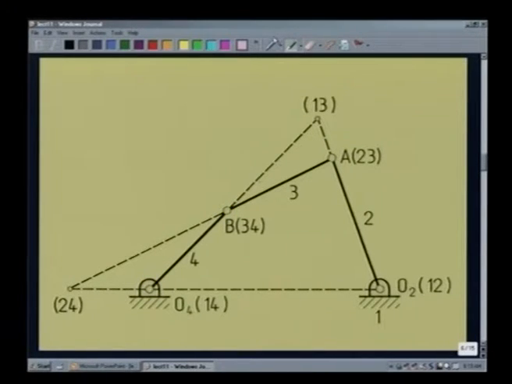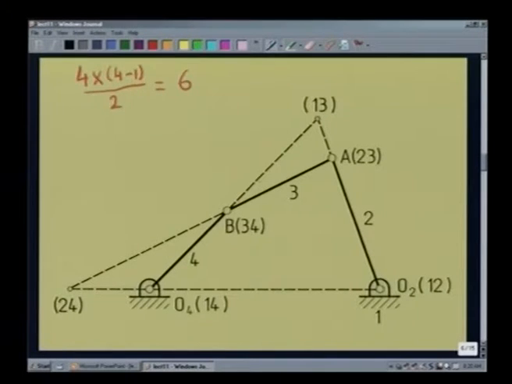Because we have 4 links, there are n into n minus 1 by 2, that is 6 relative ICs. Let me list all these 6 relative ICs.